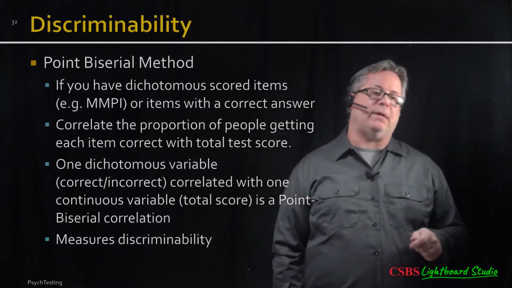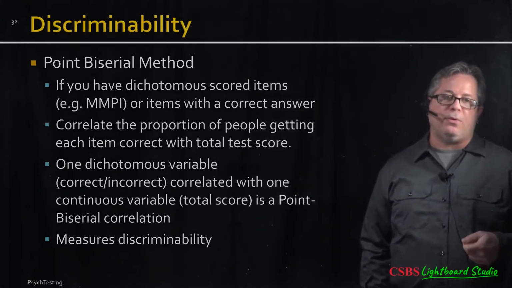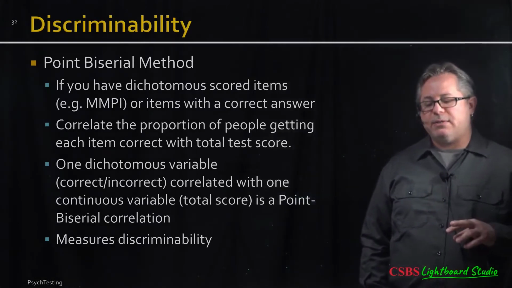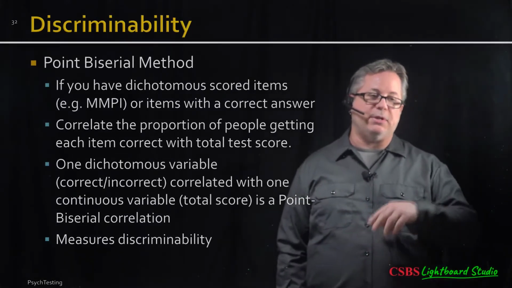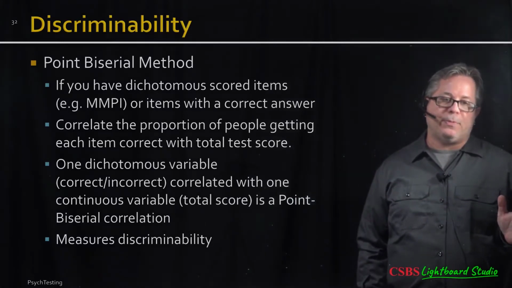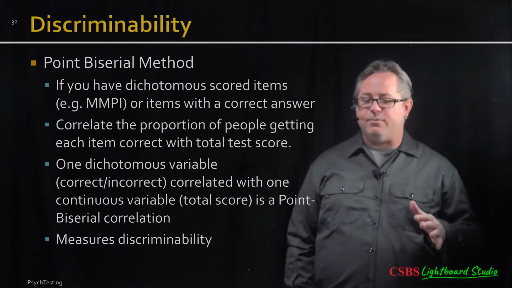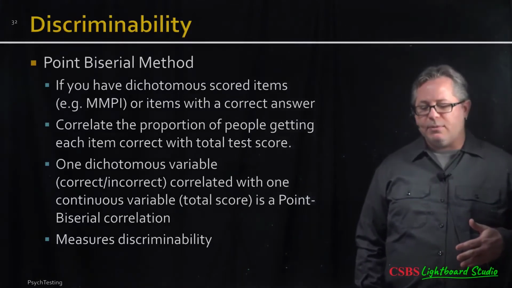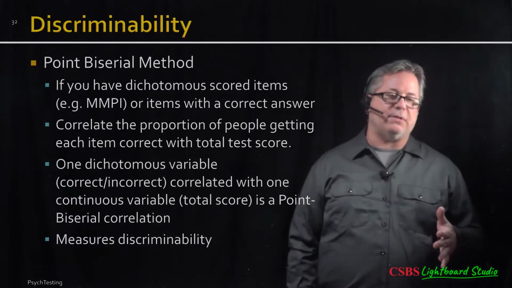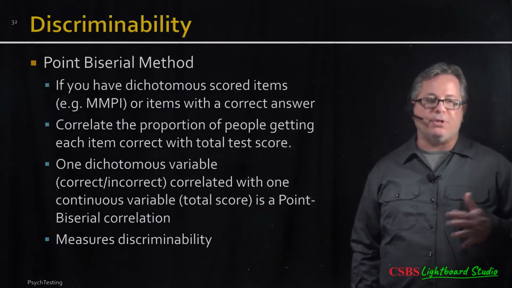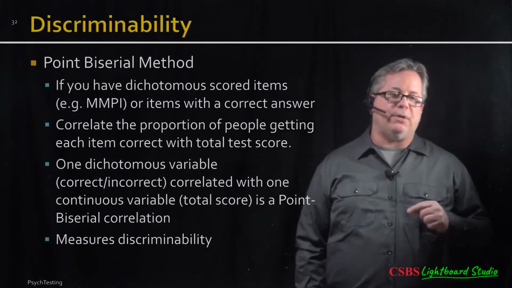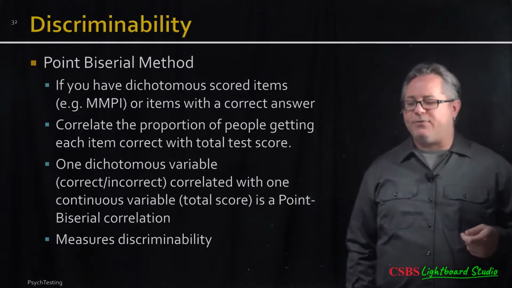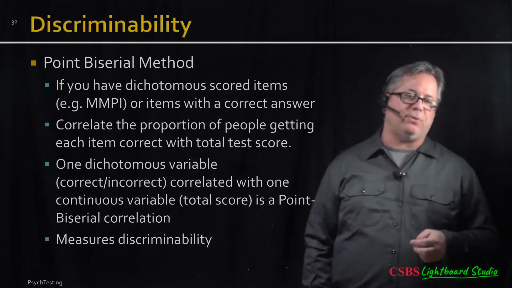If you have a dichotomously scored item and you correlate it with the continuous total, you really are leaving the realm of a typical Pearson product moment correlation, because Pearson correlations are designed to correlate two continuous items. So instead, you have one dichotomous variable correlated with one continuous. That kind of correlation is called a point biserial correlation.